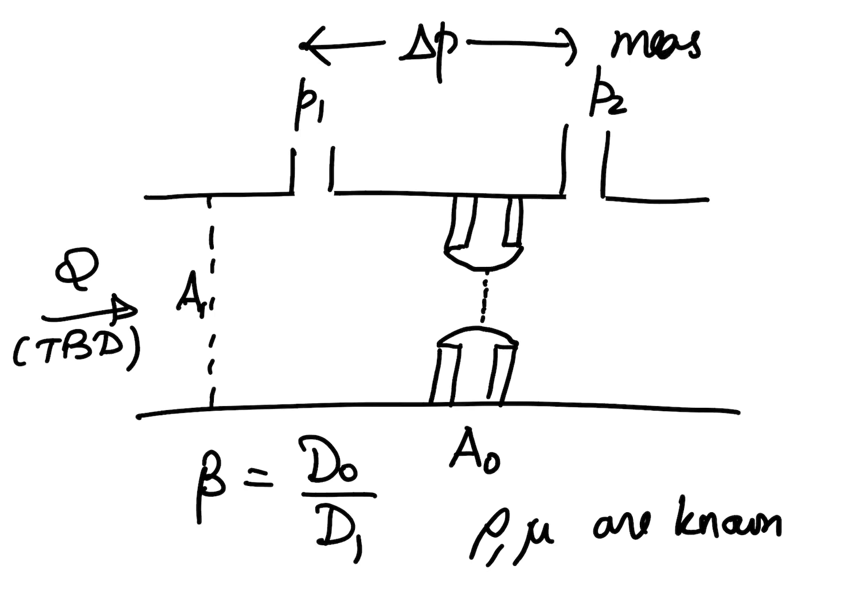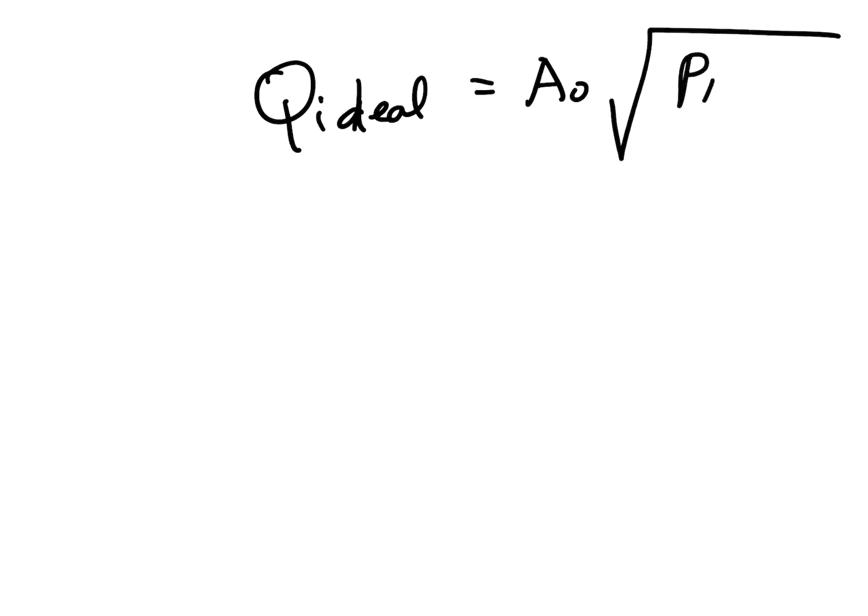The density and viscosity of the fluid are known, and P1 minus P2, the delta P, can be measured. So with these values, you can calculate the ideal flow. Ideal flow is A naught times the square root of the measured pressure drop divided by density times (1 minus beta to the 4th).